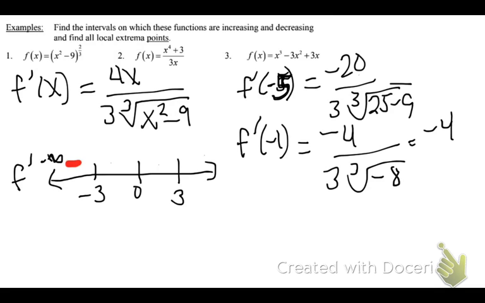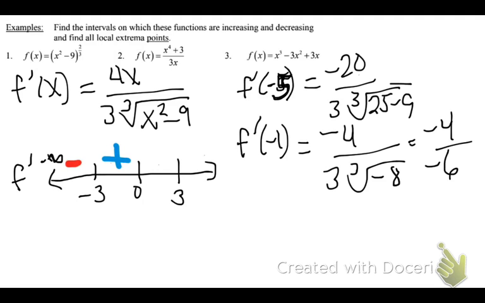So we have negative 4 over 3 times the cubed root of negative 8, which is negative 2, so that would be negative 6. So we have a positive. So my output for any value between negative 3 and 0 will be positive.